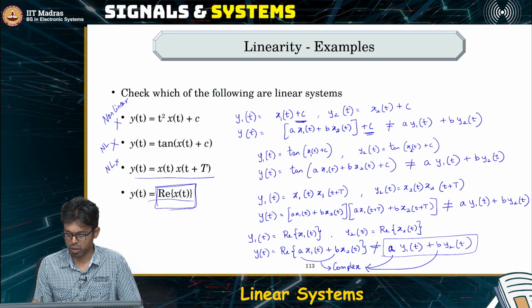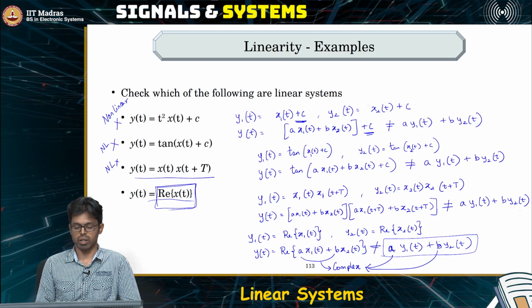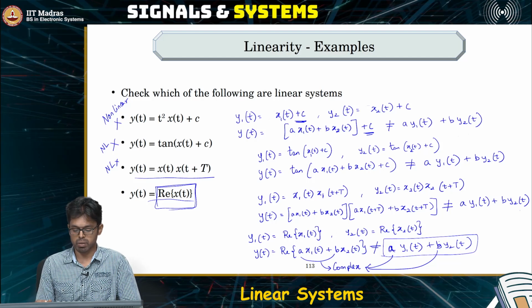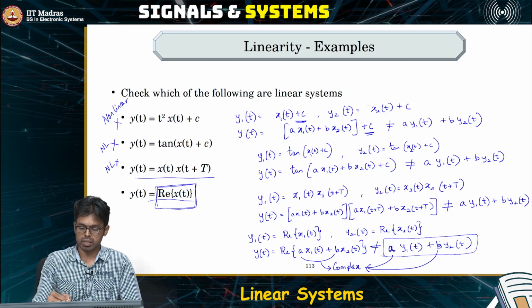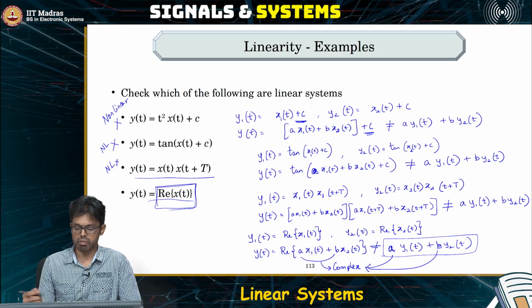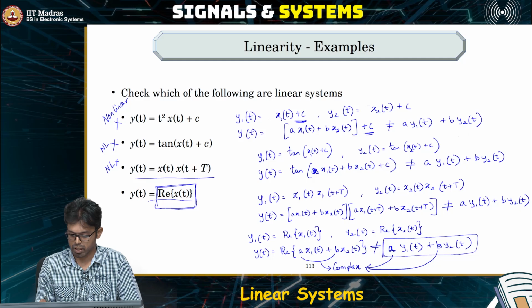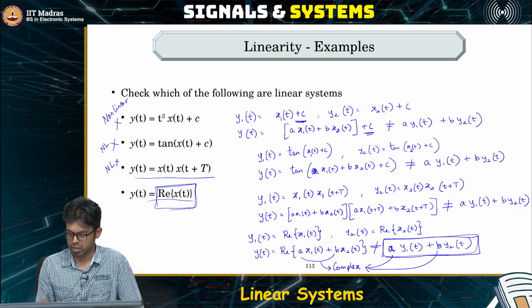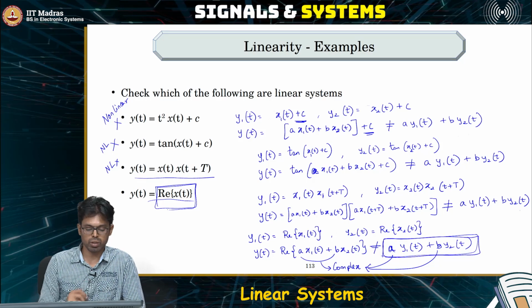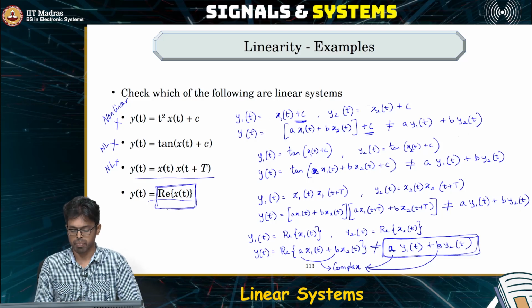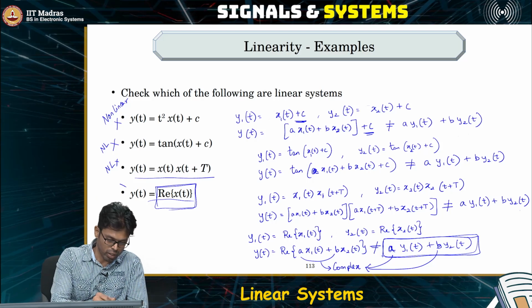This a and b can be complex numbers, because we are working with complex numbers here, the signal is complex. These coefficients a and b, the scalars with which we are multiplying, can also be complex numbers. So the linear combination can be a complex number, but the output is always a real number. Clearly they are not matching, and hence this is non-linear.